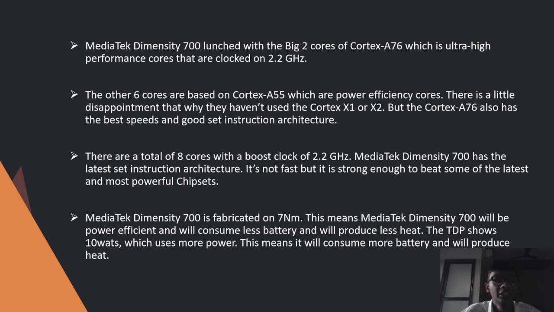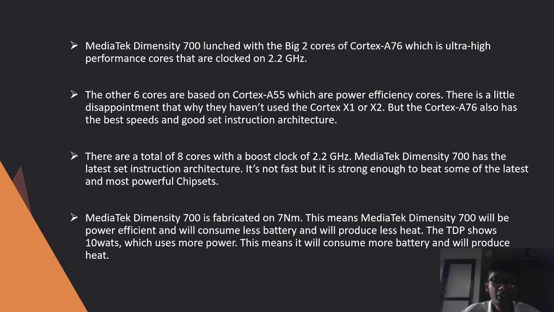There is a little disappointment that they haven't used the Cortex X1 or X2, but the Cortex A76 also has the best speed and a good instruction set architecture. There are a total of 8 cores with a boost clock of 2.2 GHz. The MediaTek Dimensity 700 has the latest instruction set architecture. It's not the fastest, but it is strong enough to beat some of the latest and most powerful chipsets.